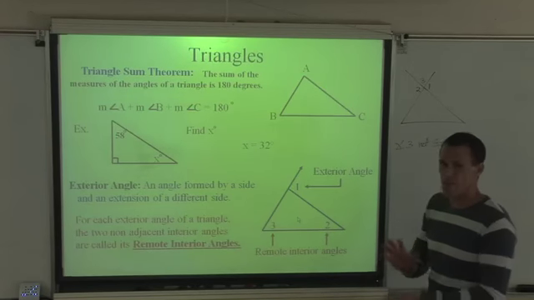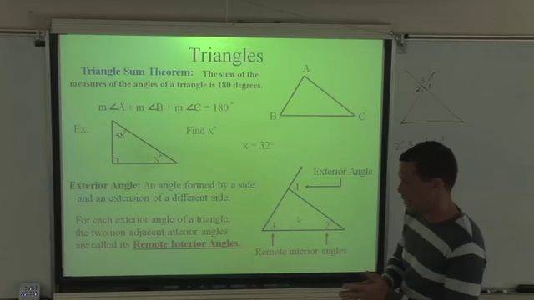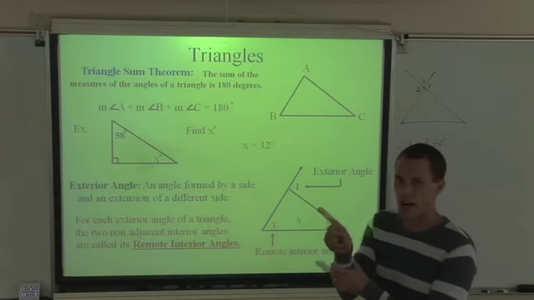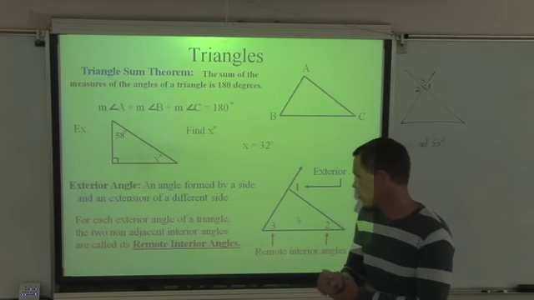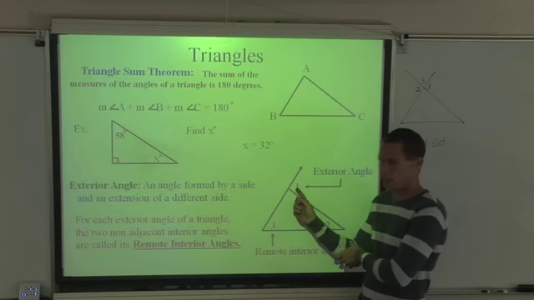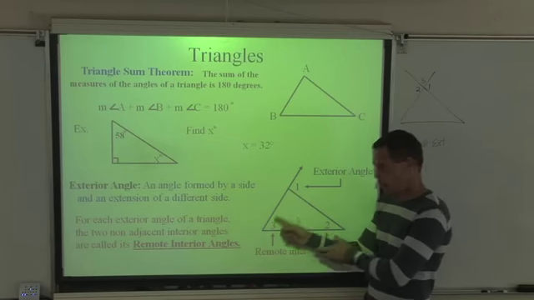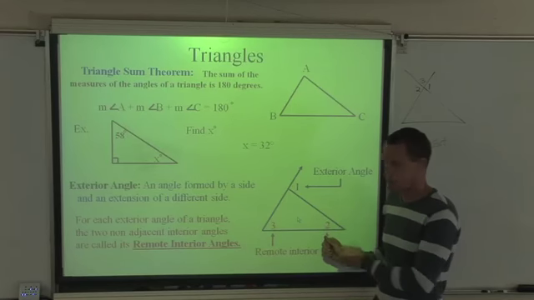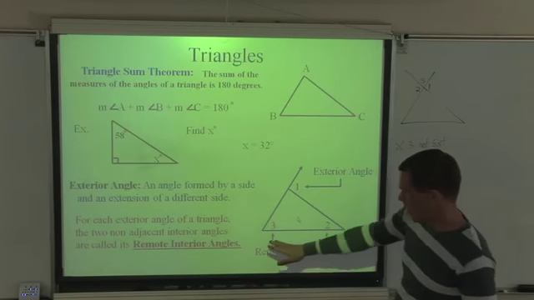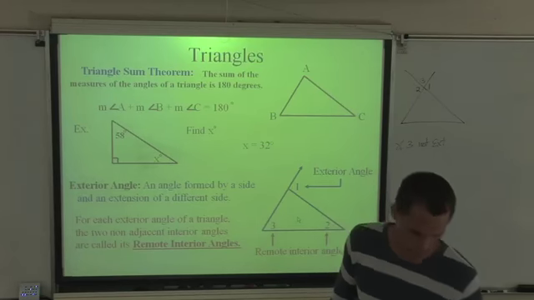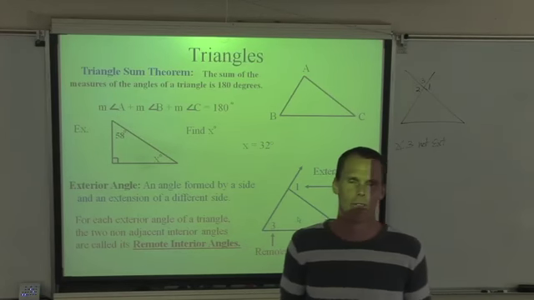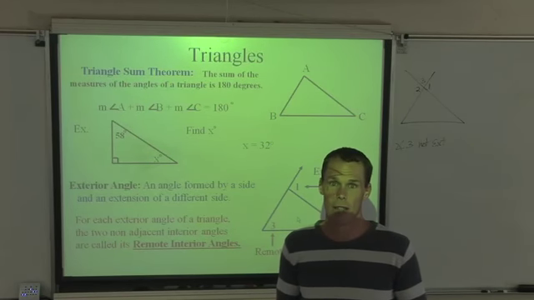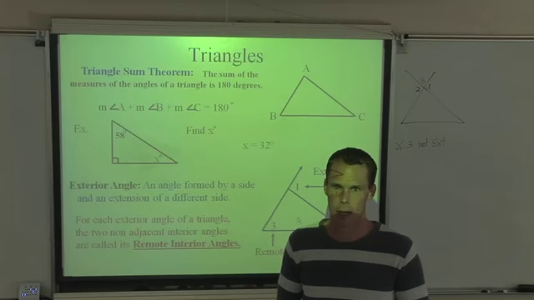Now, for every single exterior angle of a triangle, there are two non-adjacent interior angles. There's one adjacent interior angle but there are two that are not adjacent. So we call those the remote interior angles. You cannot have remote interior angles without an exterior angle to be talking about.